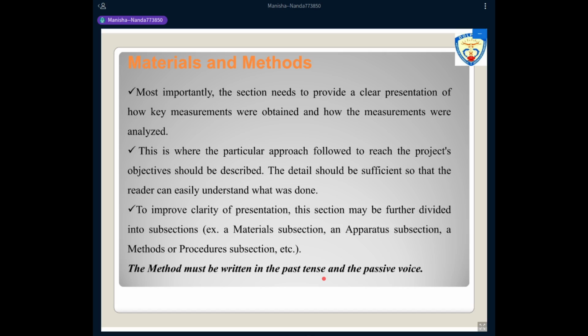Any questions from your side? Okay, Manami, can you unmute? Yes, ma'am. Okay, Manami, are you clear with materials and methods? Yes, ma'am. Everything is clear for now. Okay, no questions?